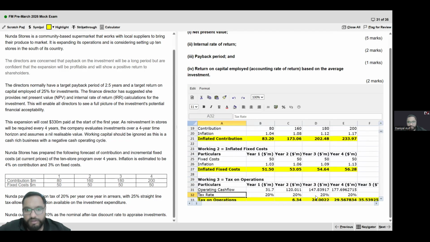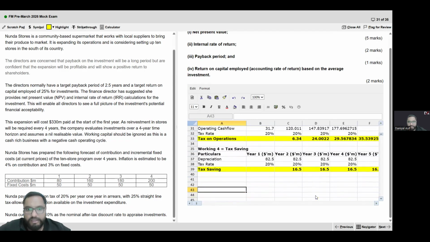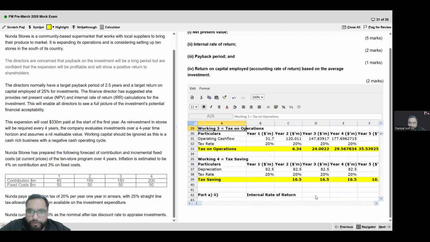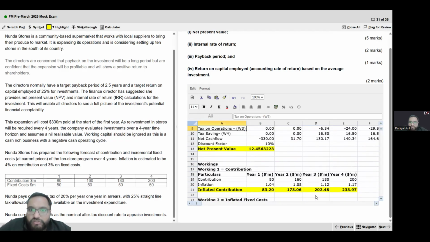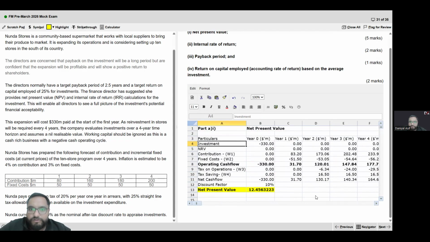What we're going to do now is part A2, that is internal rate of return. I am going to teach you the easiest way possible for this kind of question.